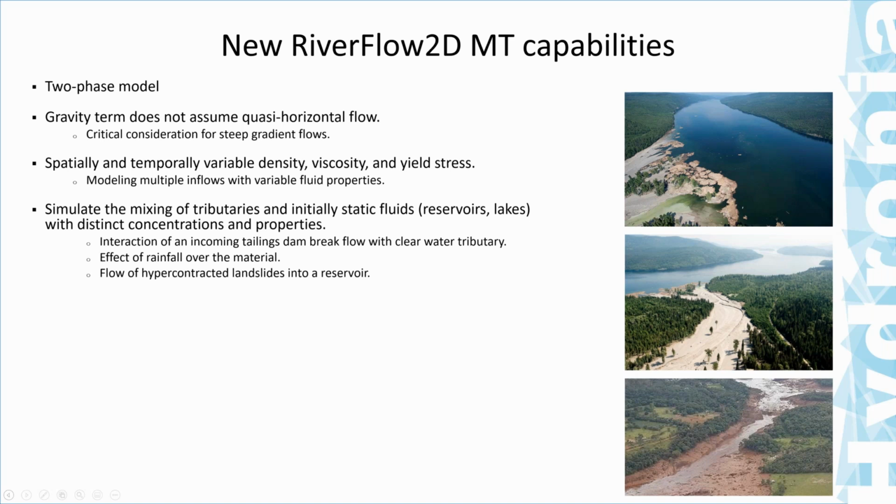You can have a reservoir that is being affected by a landslide, and the mix of the landslide material with the water will change the fluid properties and all that effects. You can consider rainfall over the material and how that rainfall affects the properties.